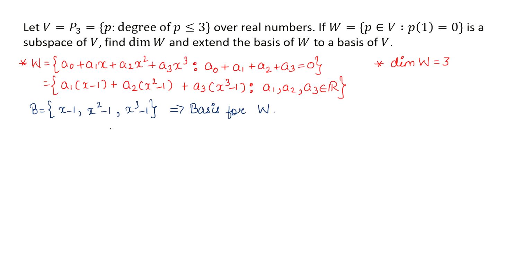Let us observe. For that, what we have to do is find any element which is not present in W. Basically, an element which is not a linear combination of the polynomials present in B. So any element in W satisfies this equation. Which equation?